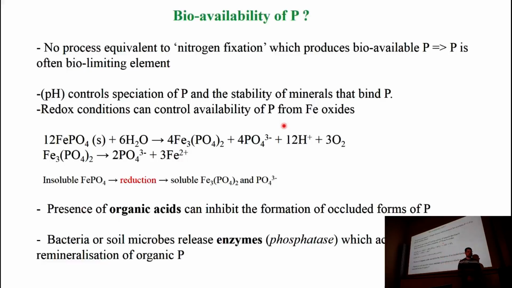At low pH, we're sticking things onto these iron phases. At high pH, we're forming these calcium phosphate phases. So only at this relatively neutral pH do we have the optimum amount of phosphorus available for life to do its thing.